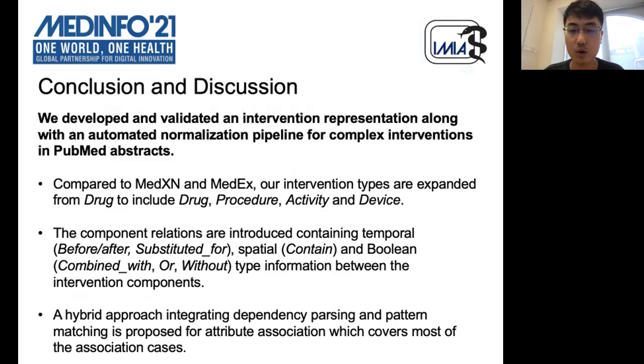Second, we introduced component relations that contain temporal, spatial, and Boolean type relations between the intervention components. And we also proposed a hybrid approach integrating dependency parsing and pattern matching for attribute association that covers most of the association cases.